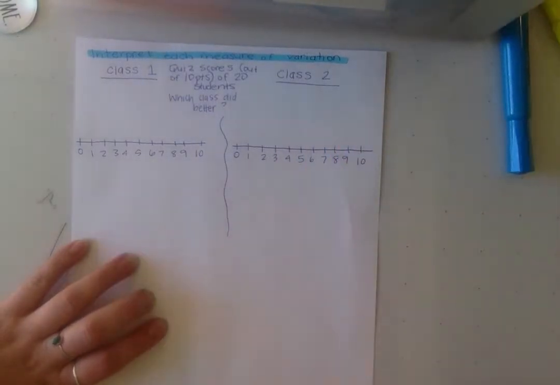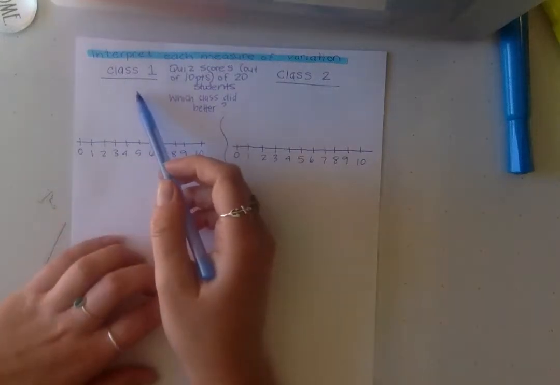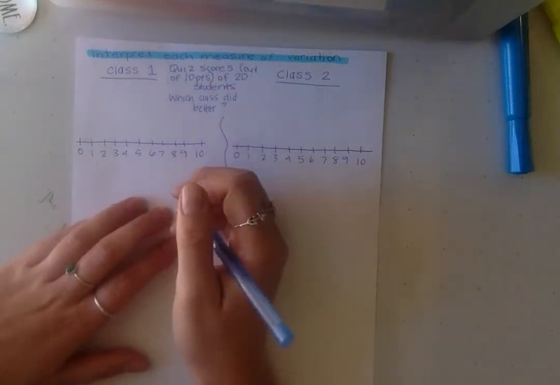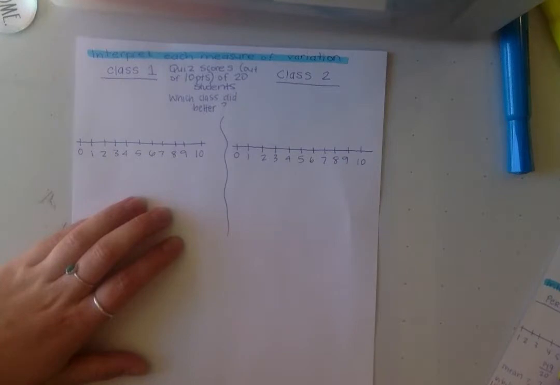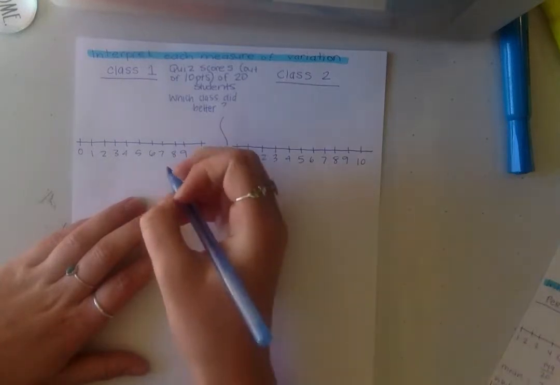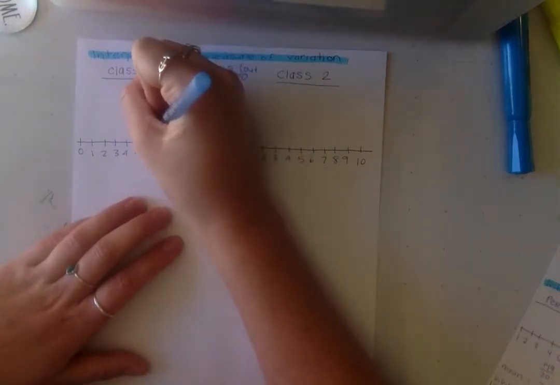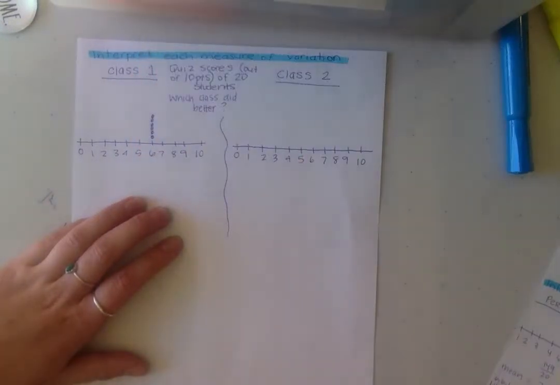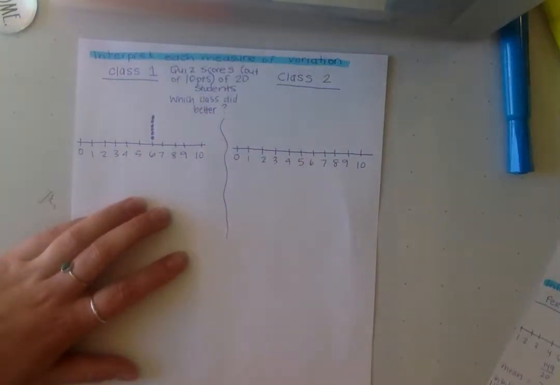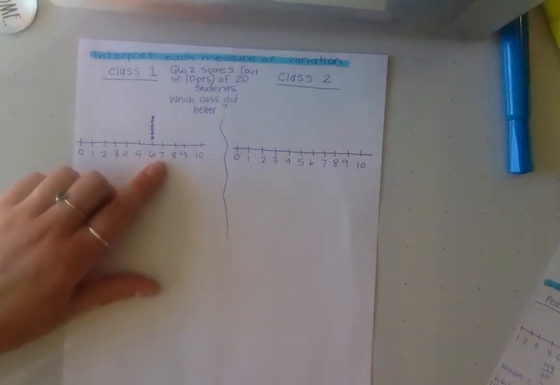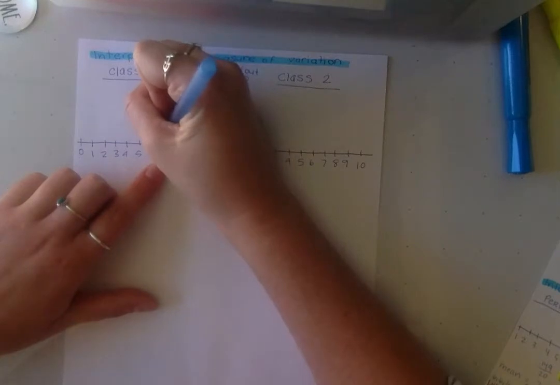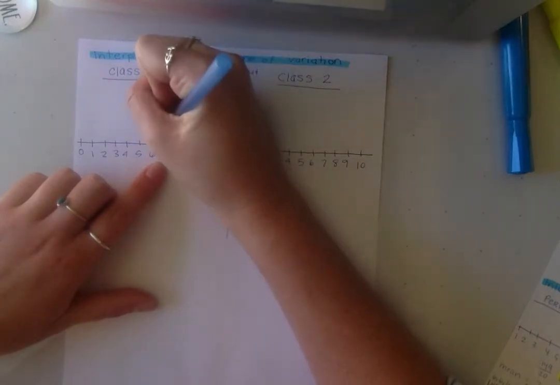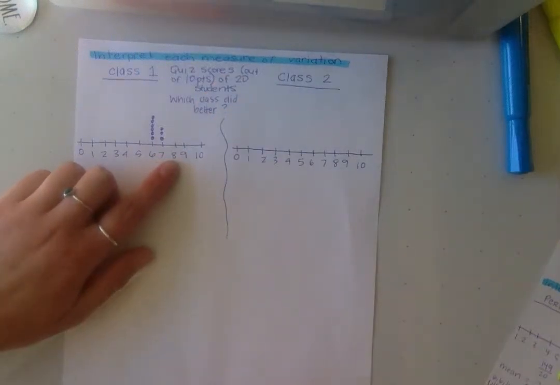So for class 1, their lowest score was 6 points. 6 people each scored 6 out of 10 points. Next up is 7 points, so 3 students in class 1 scored 7 out of 10.